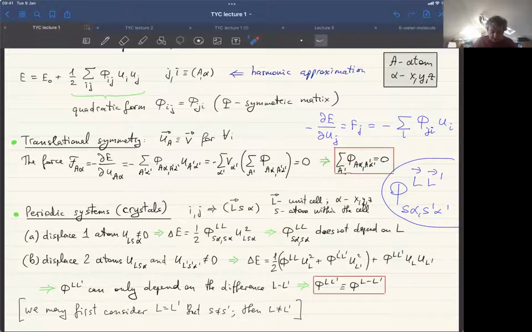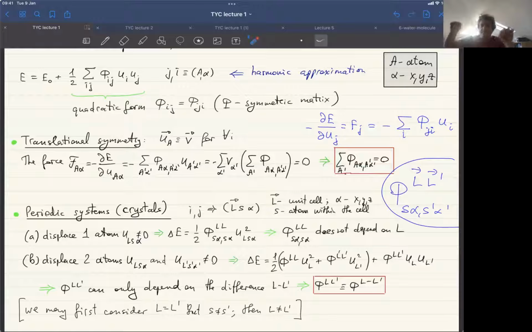Now let's take two atoms in different unit cells and repeat this exercise, and you will see it will only depend on the difference. This time we displace one atom in the cell L, another atom in the cell L prime, and the result would be the same as if we displaced two atoms in shifted cells, but with the same vector between them.